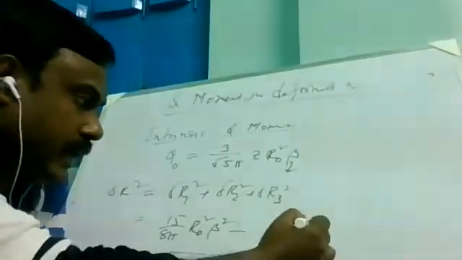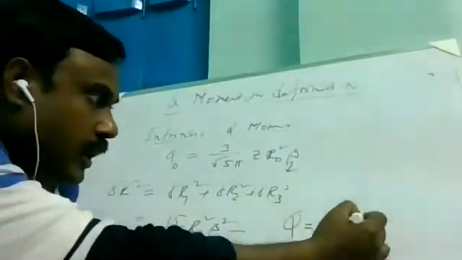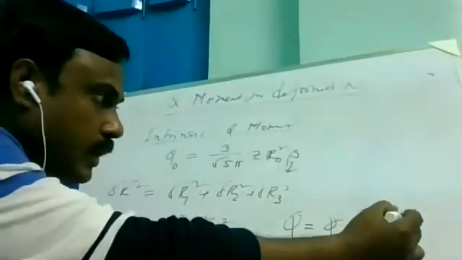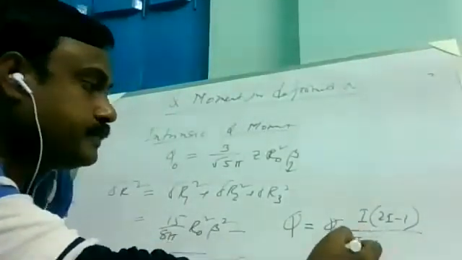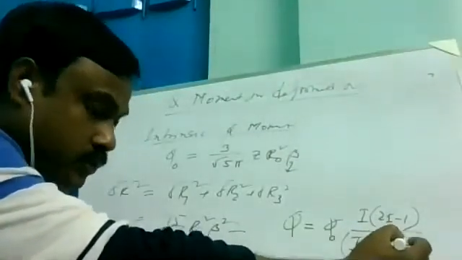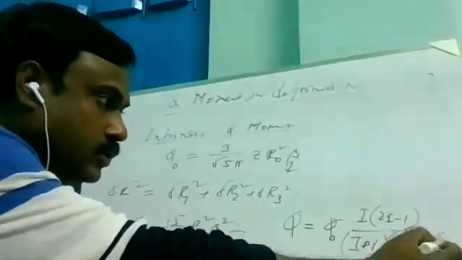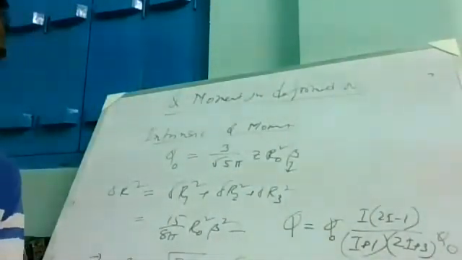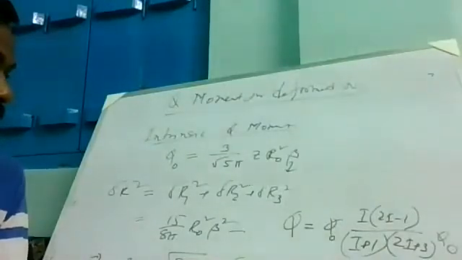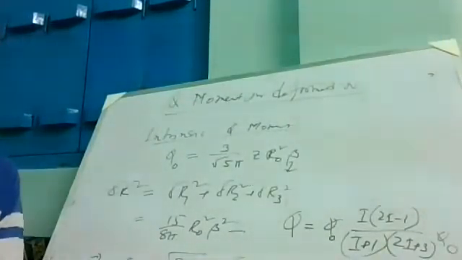Quantum mechanically it can be proved that the quadrupole moment Q can be written as Q = I(2I - 1) / ((I + 1)(2I + 3)) × Q0. This is the expression that we obtain considering quantum mechanically the quadrupole moment, where I is the spin of the nucleus.